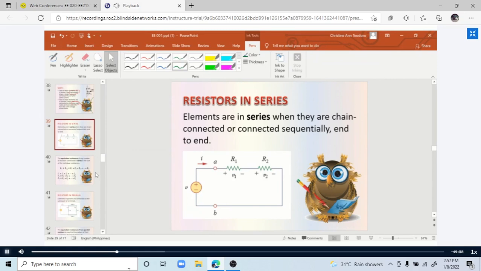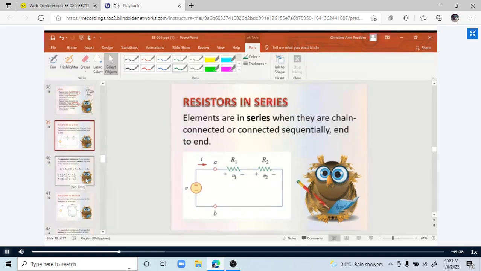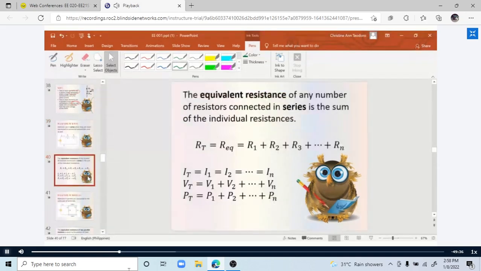They are connected end to end. If you have a bike, the bike has a chain, and those chain links are connected in series. Christmas lights are connected in series as well. So when we say resistors in series, we have different conditions, just like the equivalent resistance, what we call the total resistance.